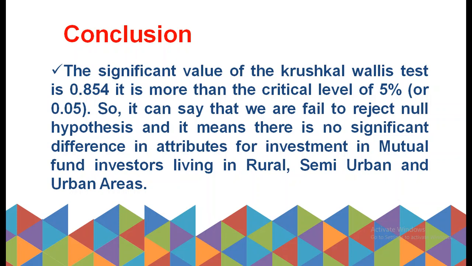So we fail to reject the null hypothesis, meaning we accept the null hypothesis, which says that there is no significant difference in attributes for investment in a mutual fund among investors living in rural, semi-urban and urban areas. In another way, we can say that the mean ranks are almost similar across the different residential areas. So this is the overall practical implication of this test and the result discussion. So thank you.